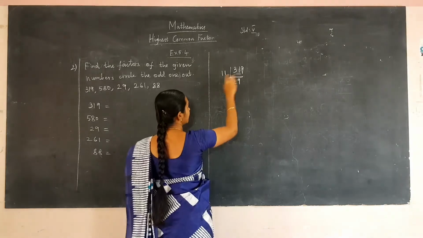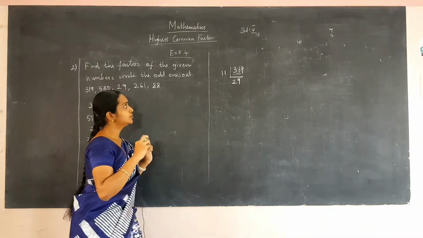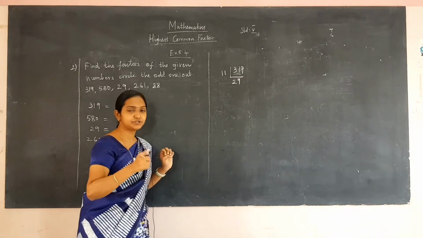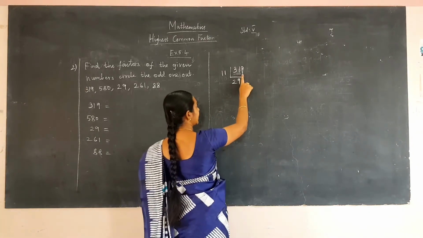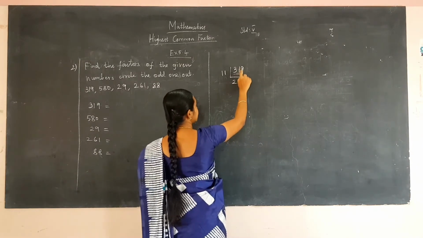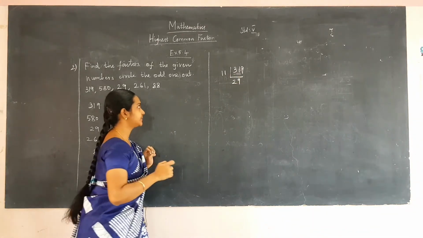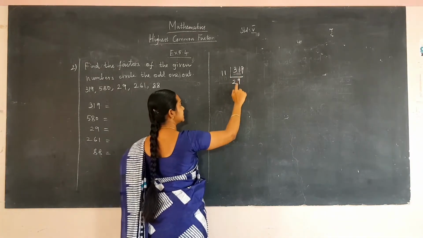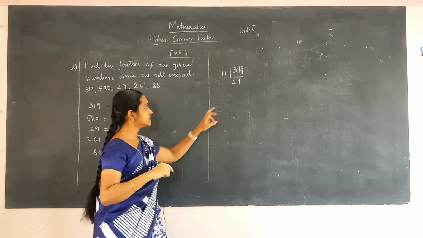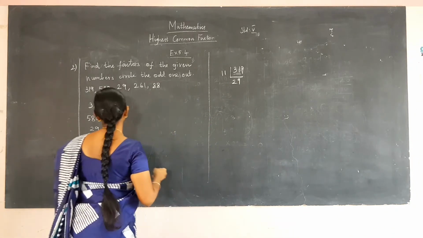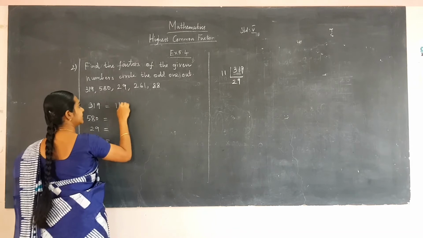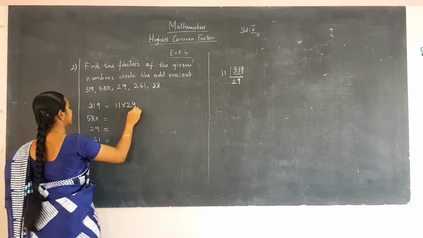The number 29 is a prime number, so let us stop with this itself. 11 into 29.